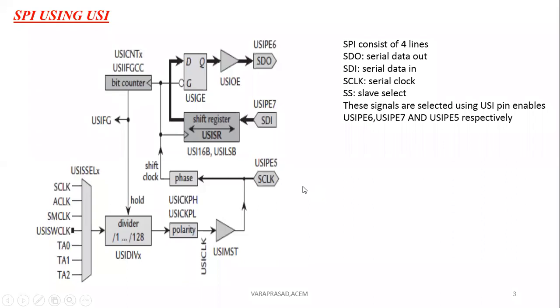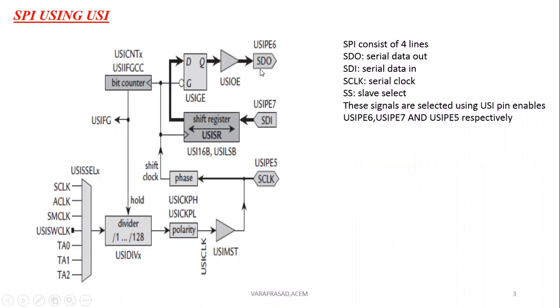Next, come to SPI using USI. SPI means serial peripheral interface, using the universal serial interface. In this we mainly have three pins, called USI pin enable 6, pin enable 7, and pin enable 5.